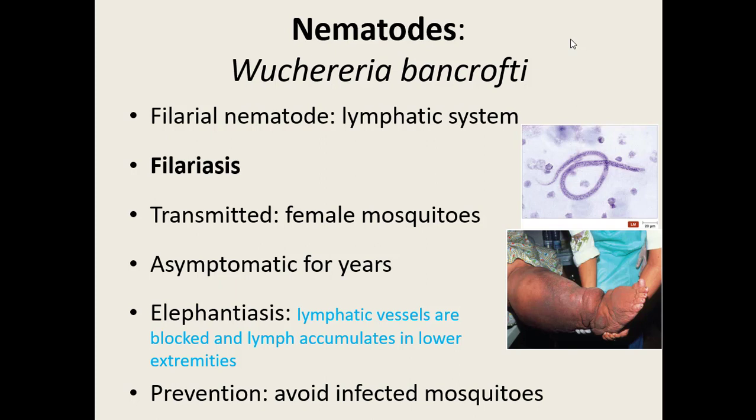Now, it's transmitted by female mosquitoes, and the worm itself can live in the lymphatic vessels for years. During the day, they stay put. However, at night, usually right at dusk, they'll leave the lymphatic system and go into the circulatory system.